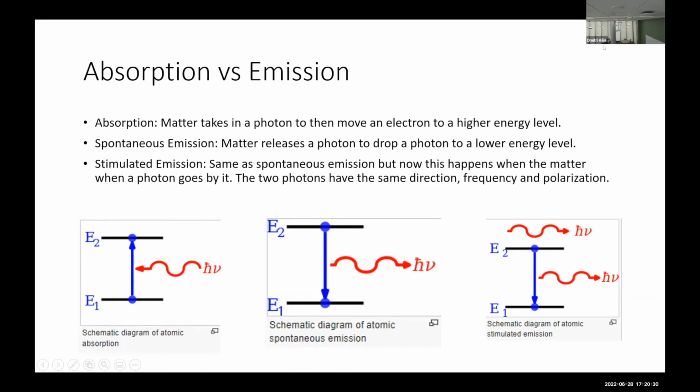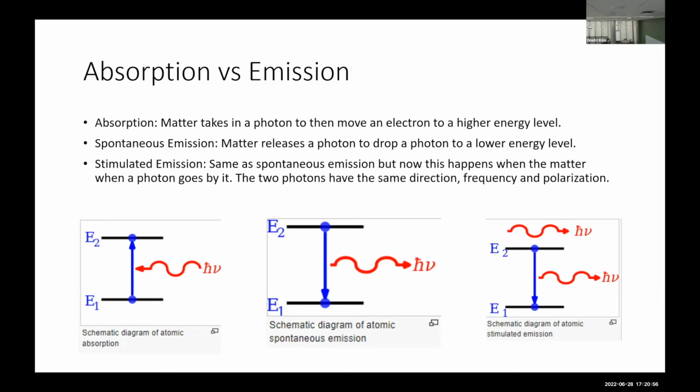And then in our last part, we can see that we have a photon going by it, and then we're emitting another photon. Something to notice about the stimulated emission is that these two photons will have the same direction, frequency and polarization.